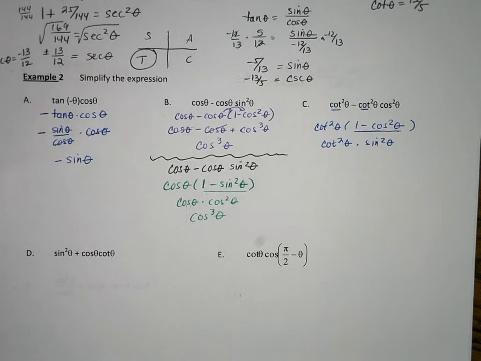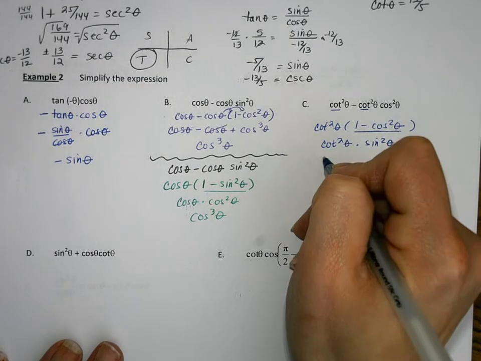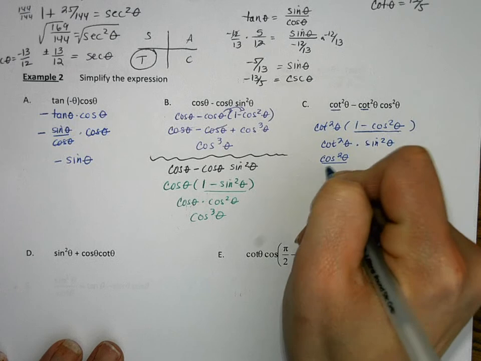Do I know anything about cotangent? It's cosine over sine. So what's cotangent squared going to be? Cosine squared over sine squared. If cotangent's cosine over sine, that means cotangent squared is going to be cosine squared over sine squared.